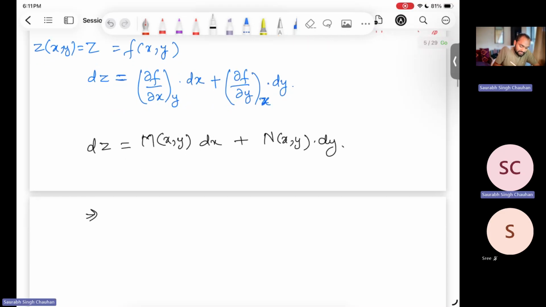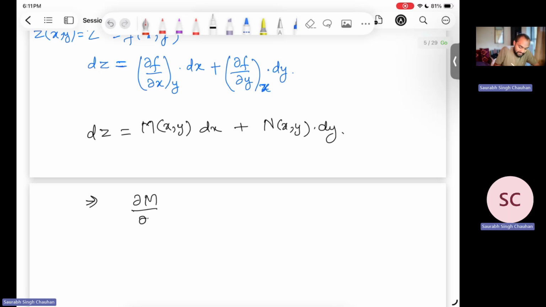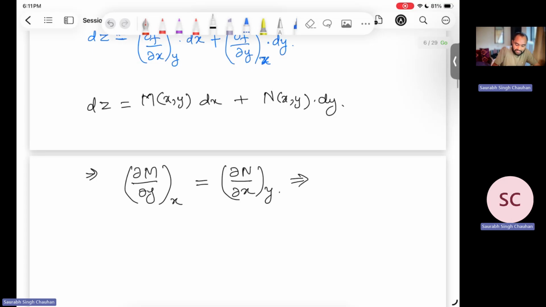That condition is that partial derivative of m with respect to y, keeping x constant, should be equal to partial derivative of n with respect to x, keeping y constant. So this is the condition for exactness.